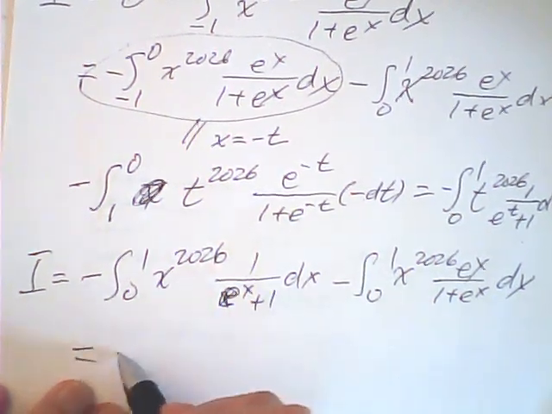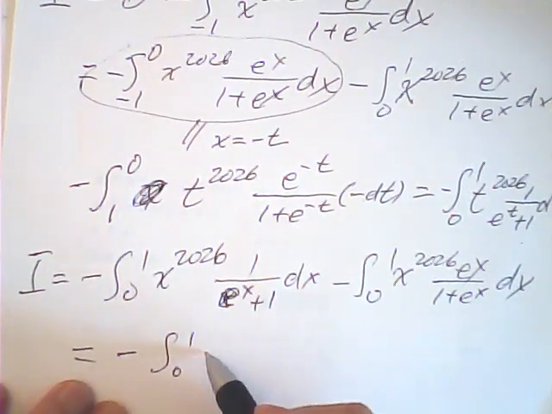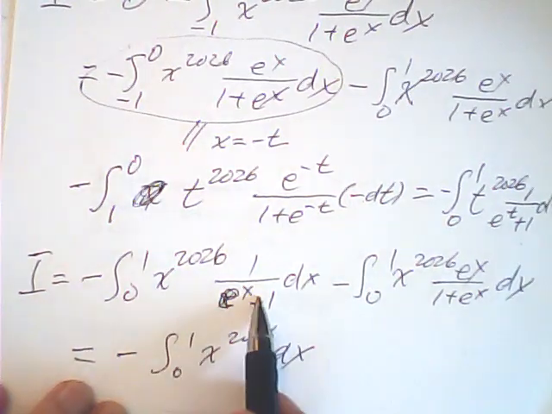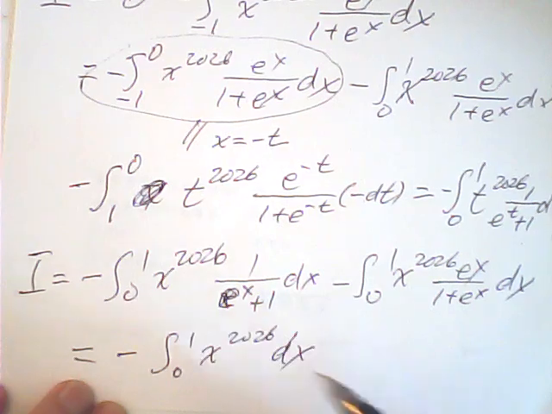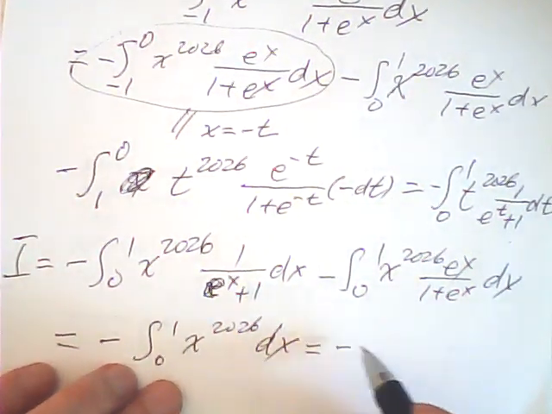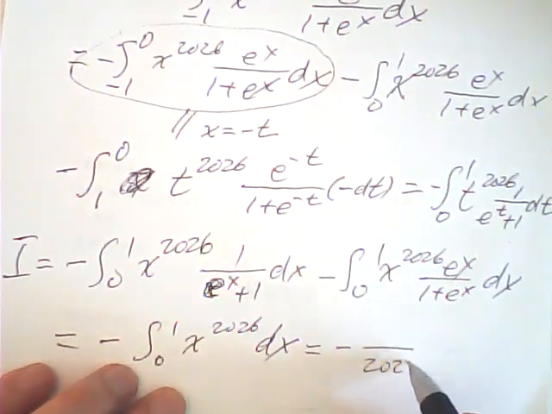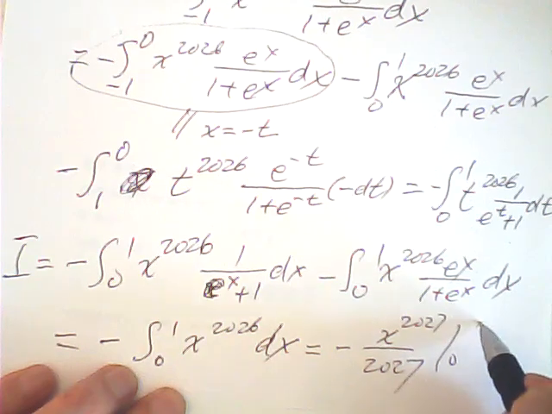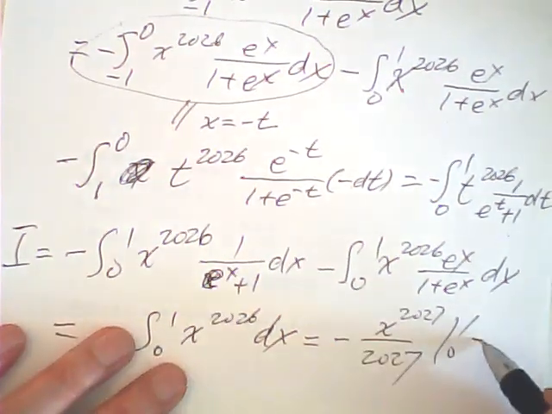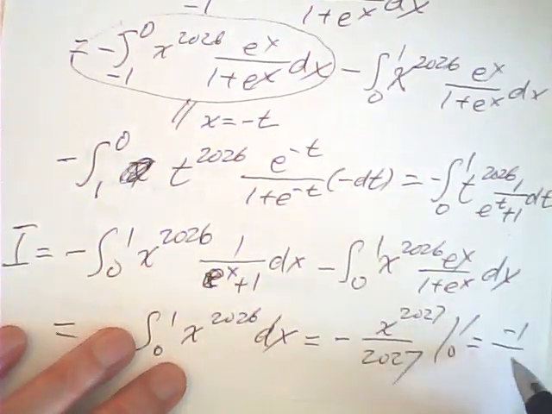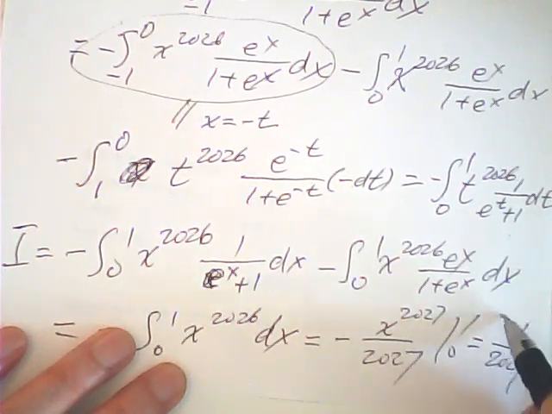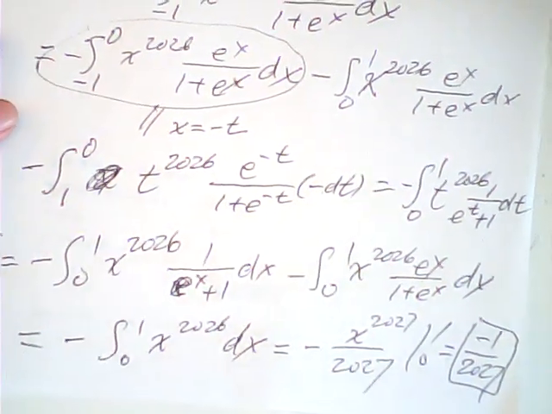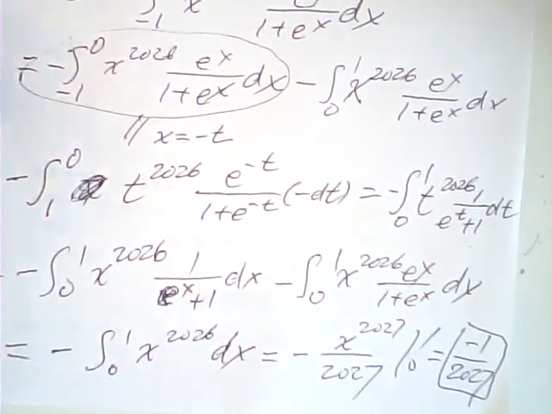So the result is negative, 0 to 1, x^2026 dx, because this plus this is 1. And this is equal to negative x^2027 over 2027, from 0 to 1. So the result is the same. Okay, good. Same result by two different methods.